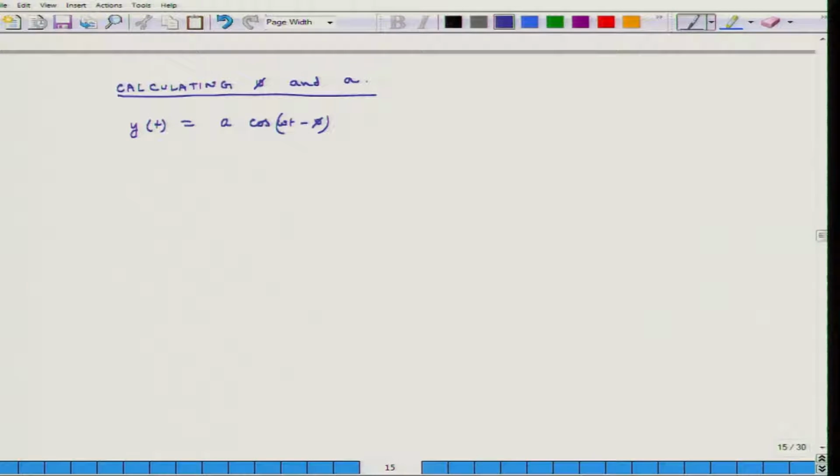Okay. A lot of times we do not write the signal like this, rather we write y(t) is equal to a cosine omega t plus b sine omega t. Okay. Both these representations are equivalent, and it is important to understand why that is.